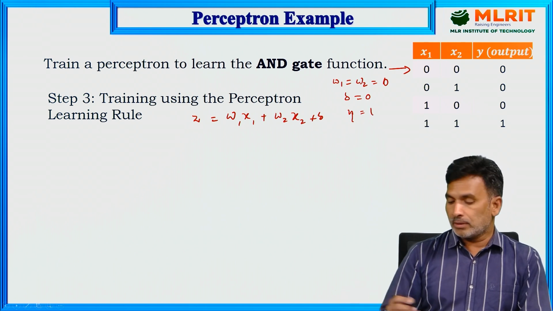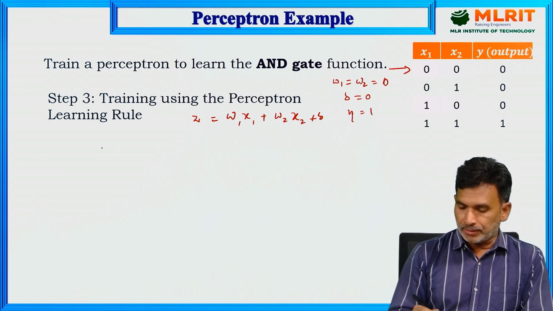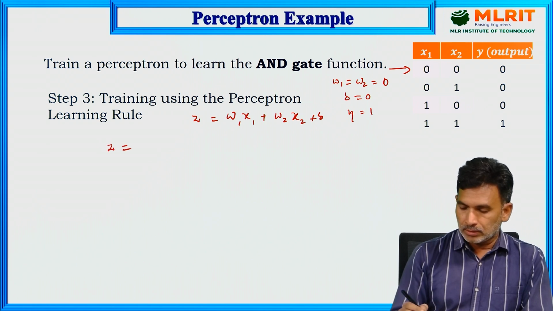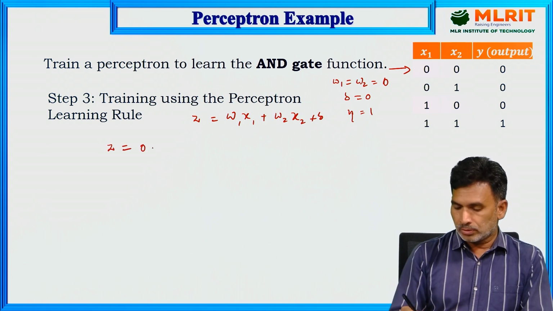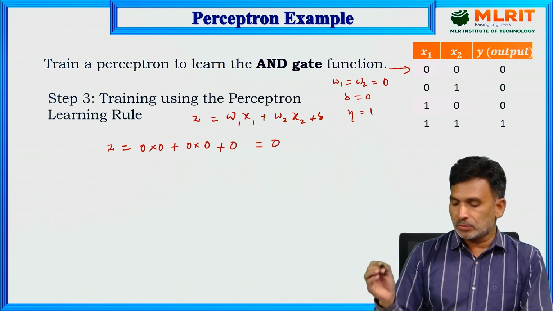Then if I substitute x1 and x2 of this first instance, z would be 0 times 0 plus 0 times 0 plus bias 0, which is equal to 0.